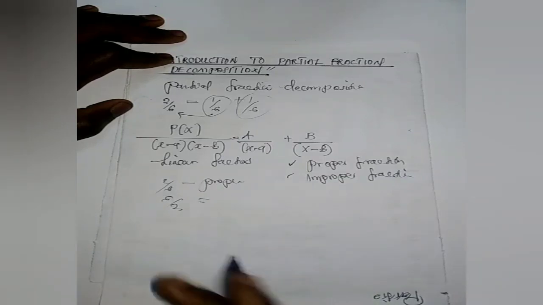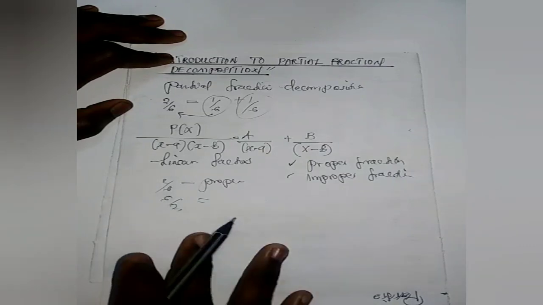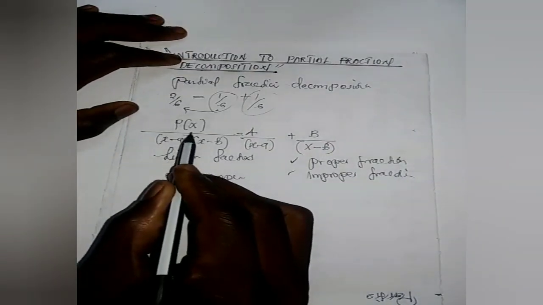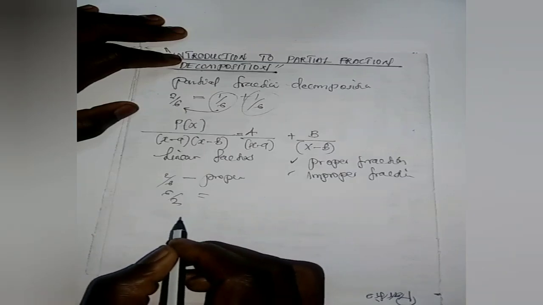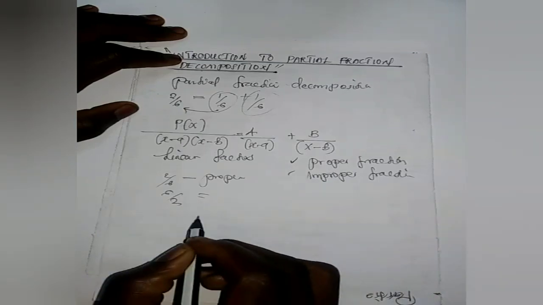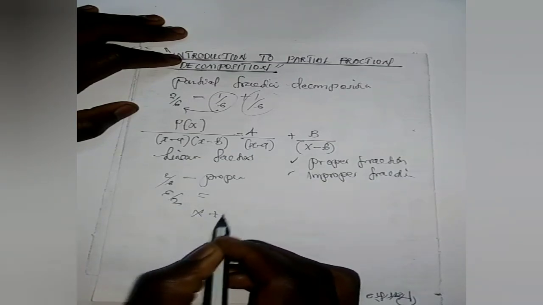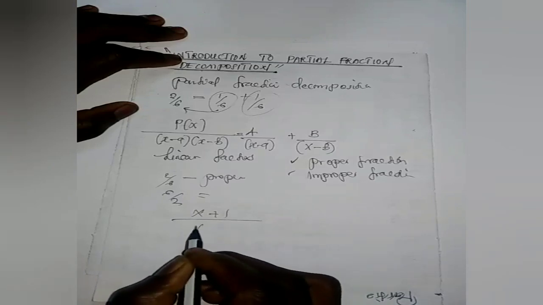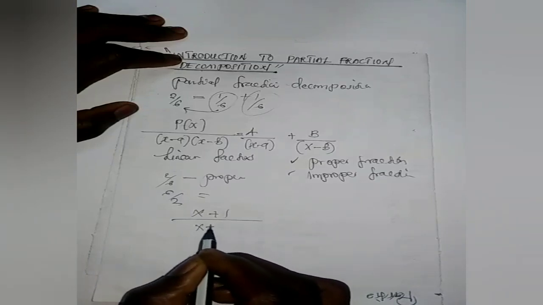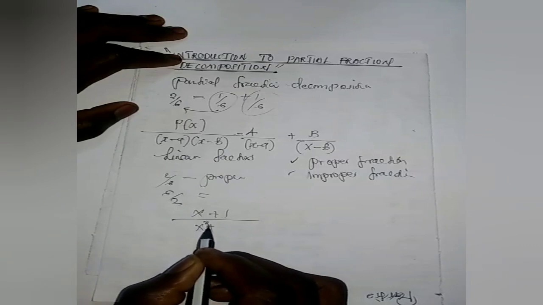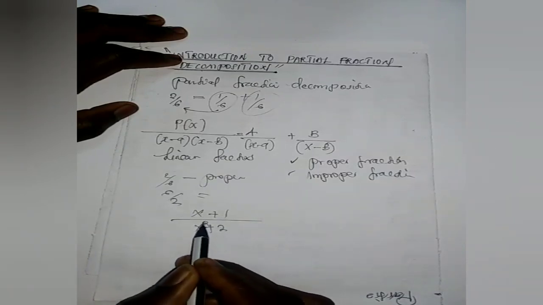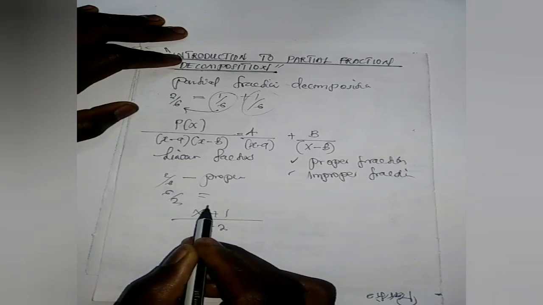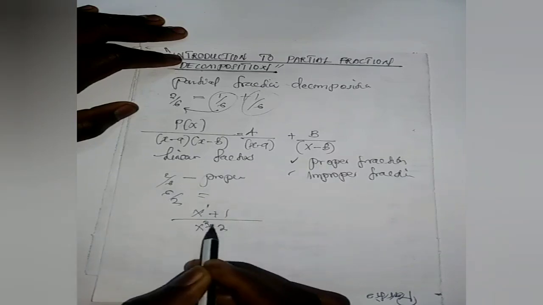It is the same with algebraic fractions. A proper algebraic fraction would be (x plus 1) over (x plus 2)(x squared plus 2). The power of x in the numerator is less than the power of x in the denominator.